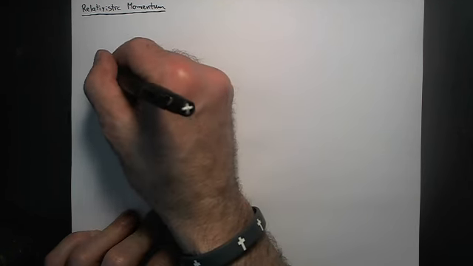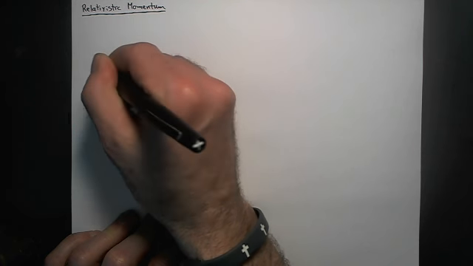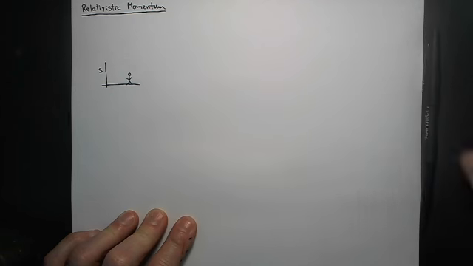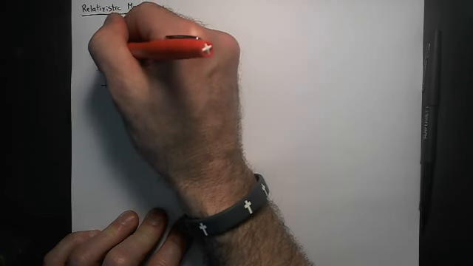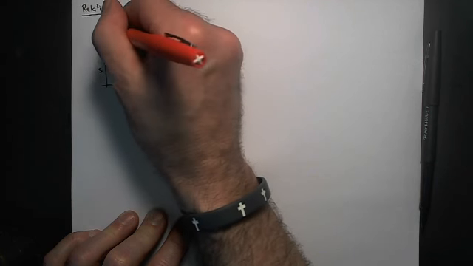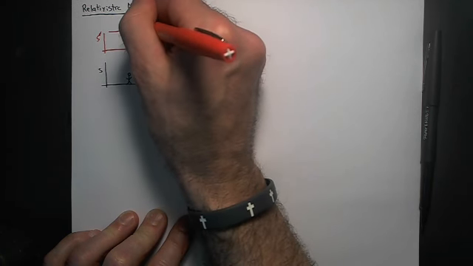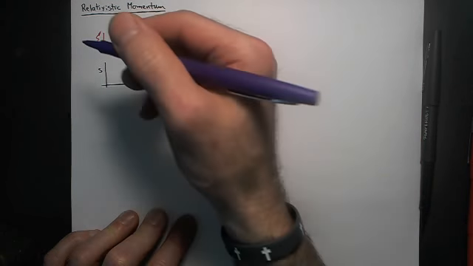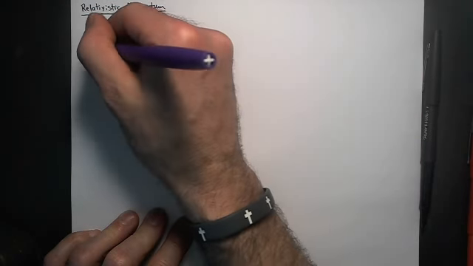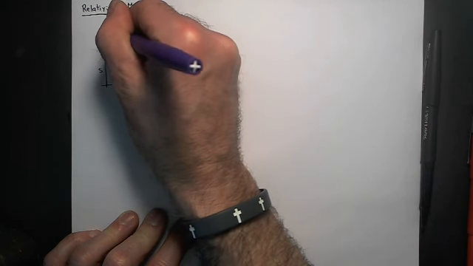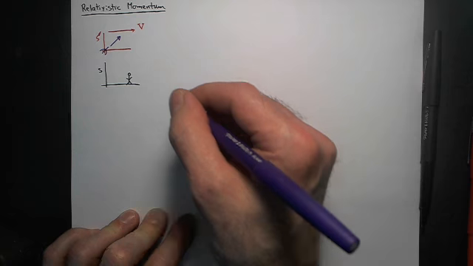If we have a reference frame S, and here's an observer in that reference frame, and there's a different frame S prime, which is moving to the right at speed v relative to S. And there is some object, let's say a bird in S prime, traveling with a diagonal velocity.